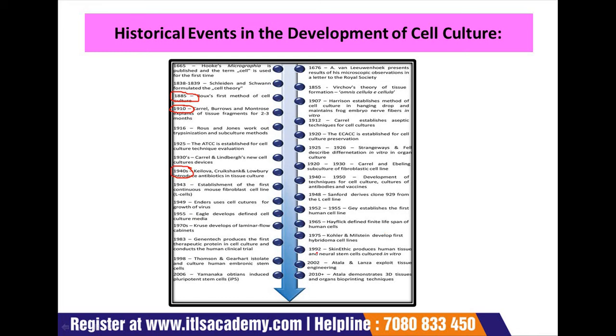In 1992, skin-equivalent products, human tissue and neural stem cell culture in vitro were developed, and in 2002 tissue engineering was developed. In 2010 and now, 3D tissue and organ bioprinting techniques are growing.